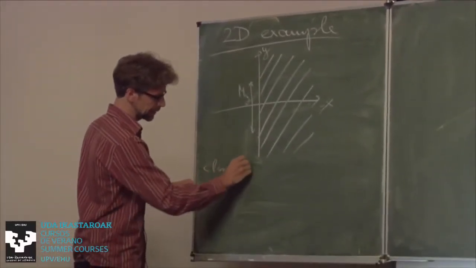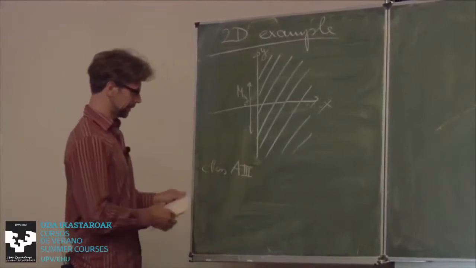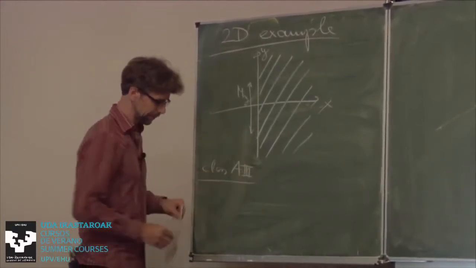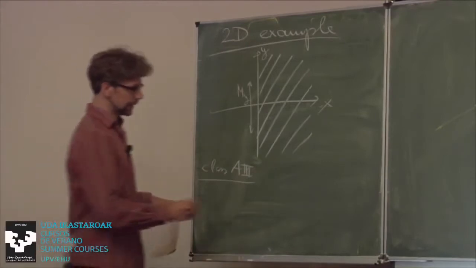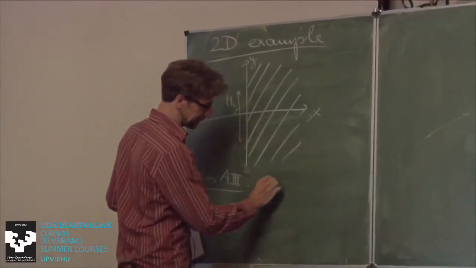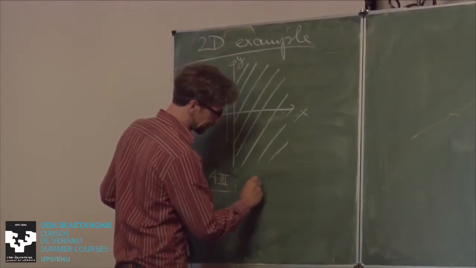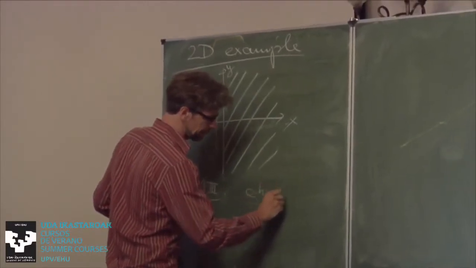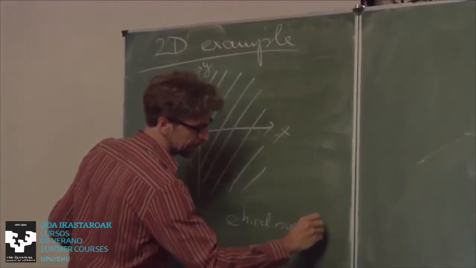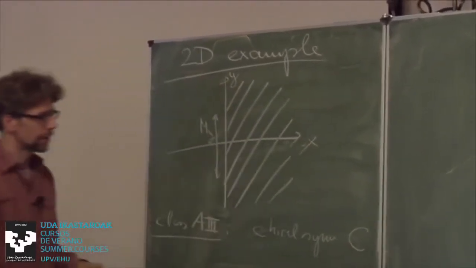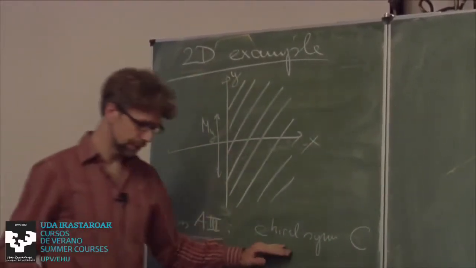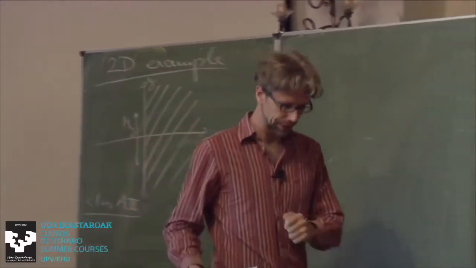I'm just saying that because this vocabulary has been used before. If you don't remember what this means, there is only chiral symmetry. So the Su-Schrieffer-Heeger model was a system in class A3.